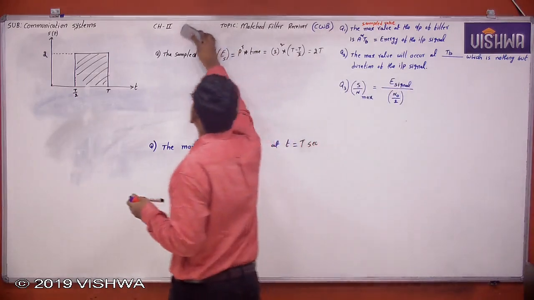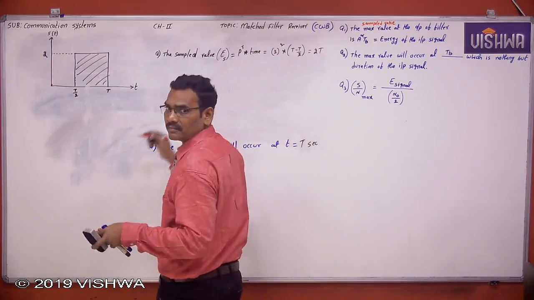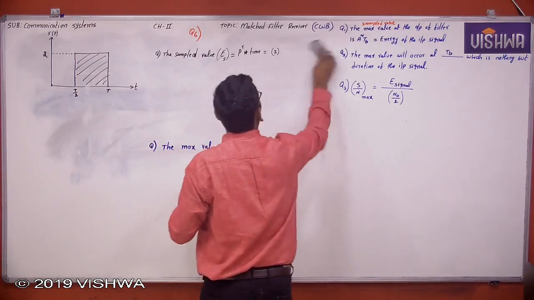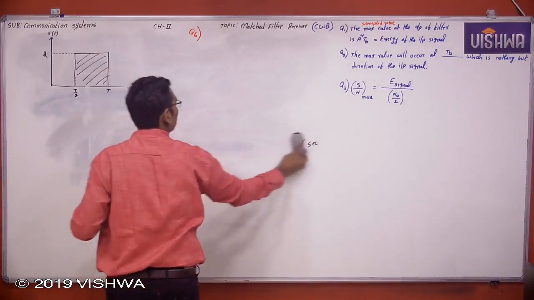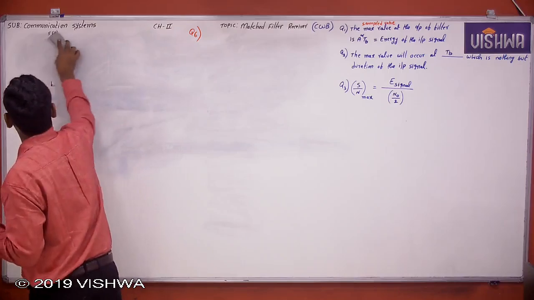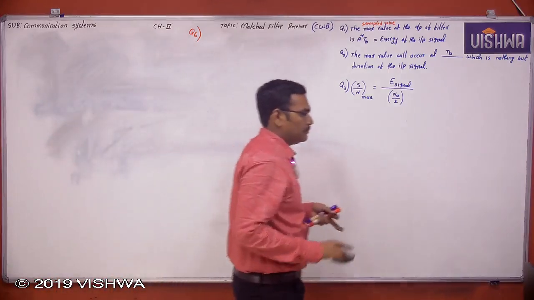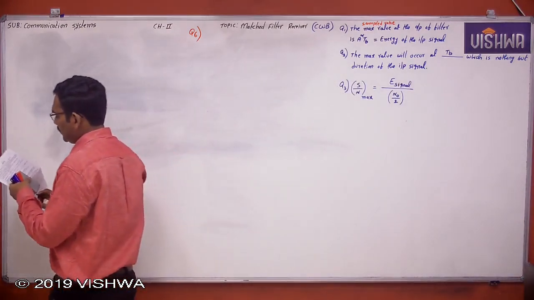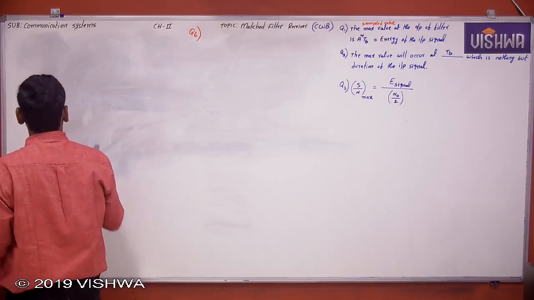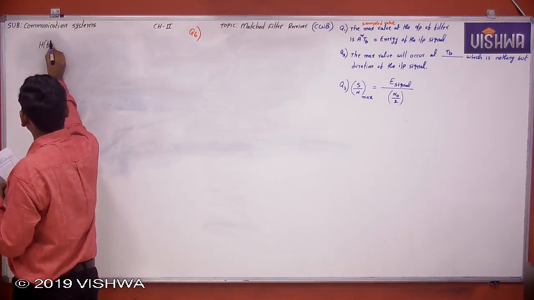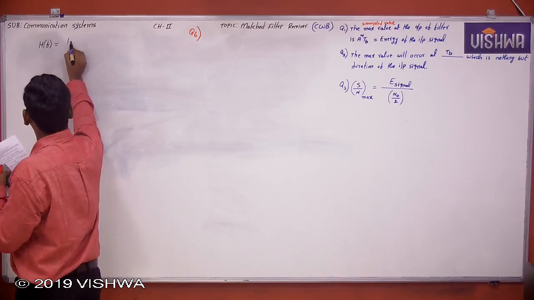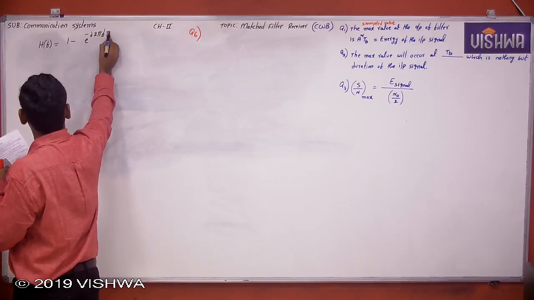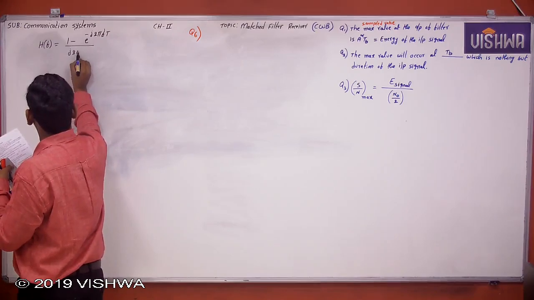Now this is question number 6. A matched filter has a frequency response, in the frequency domain, of H of f equal to 1 minus e power minus j 2 pi f T, divided by j 2 pi f.